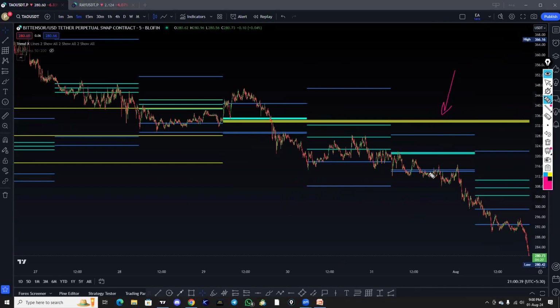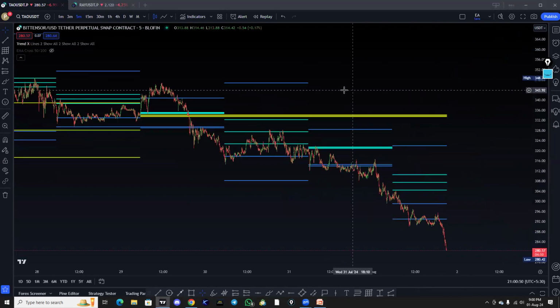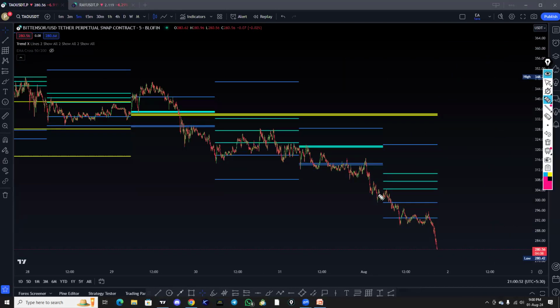Now, short positions from daily trend X. If it's coming above, then our trade should be near daily R1 and previous day high. If it is going up, then R1 and previous day high. From here, we are looking at short positions because we are below the weekly trend X. You should remember that.